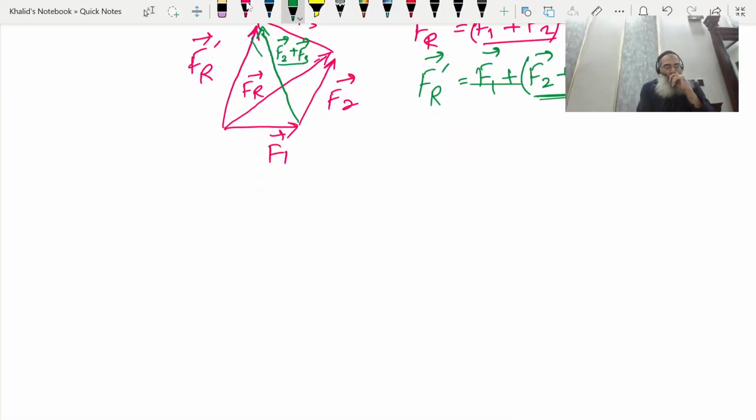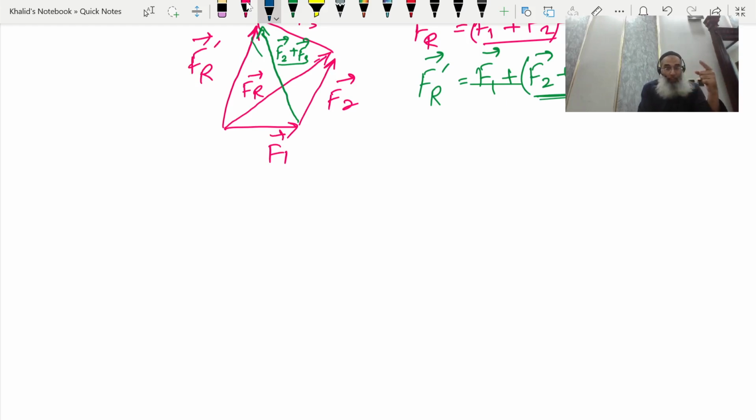Linear vectors. Sometimes two vectors are along the same line. If two vectors are along the same line, vector addition reduces to signed algebra. It's much easier.